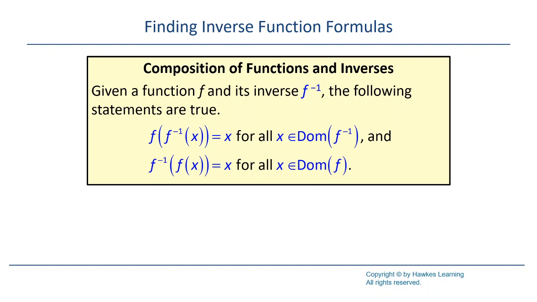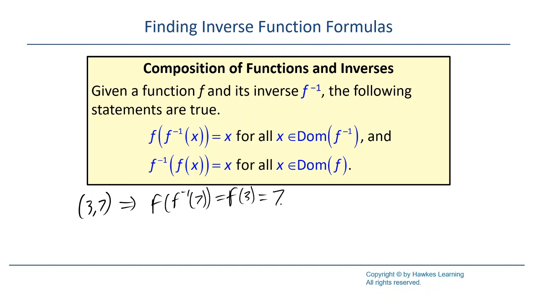Let's just take that for example. Let's just say 3 maps to 7. So then if I do f of f inverse of 7, then f inverse is going to map to 3, because you're going to read it backwards.